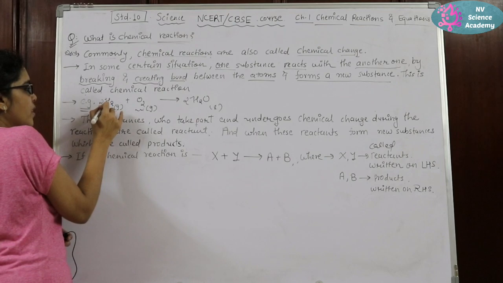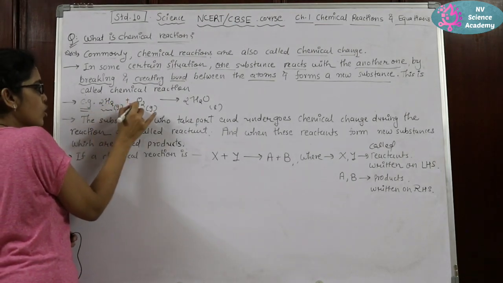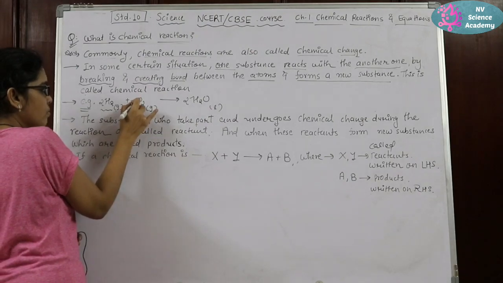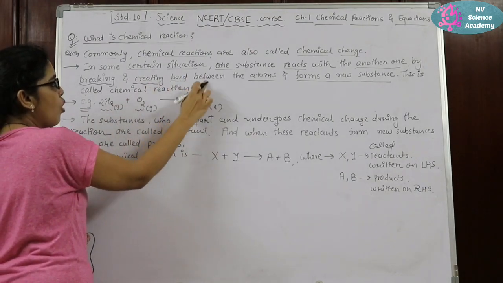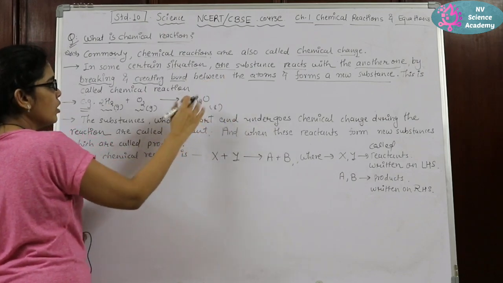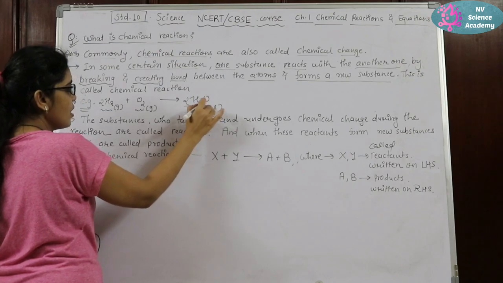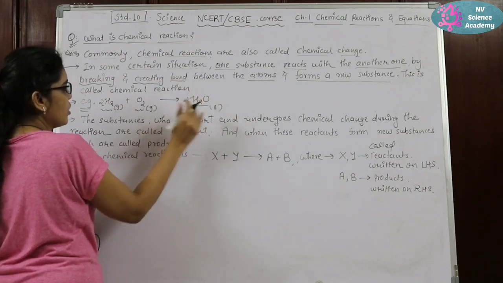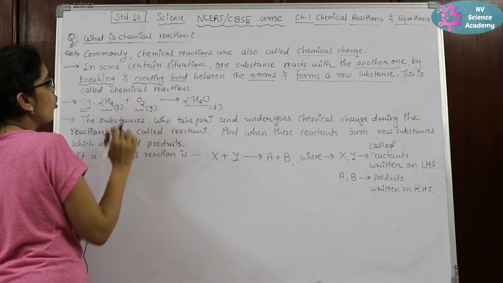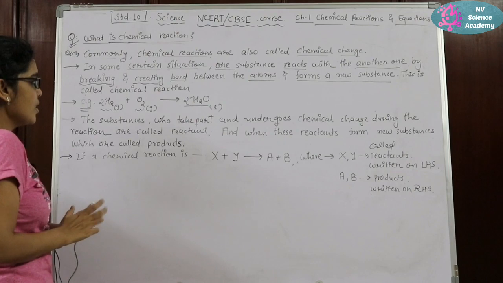The bond between the atoms of hydrogen will break, also in the atoms of oxygen, and new bonds are created between the atoms. So the new substance formed in this reaction has a new bond between hydrogen and oxygen. This is called a chemical change or chemical reaction.